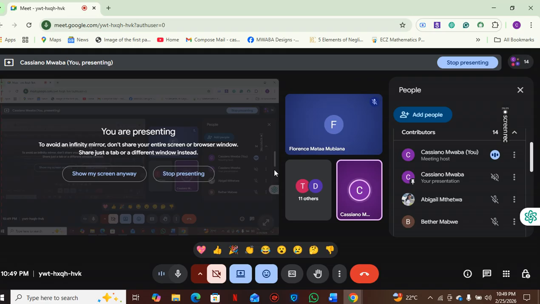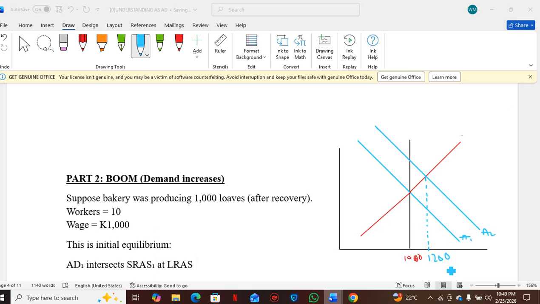So due to these higher wages costs and your restrained capacity, this short run aggregate supply curve is going to shift like this.